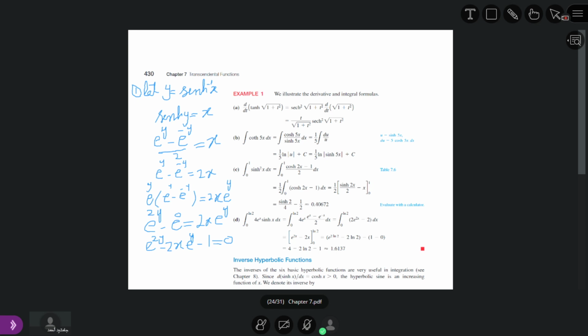So here we compare this equation with the following.